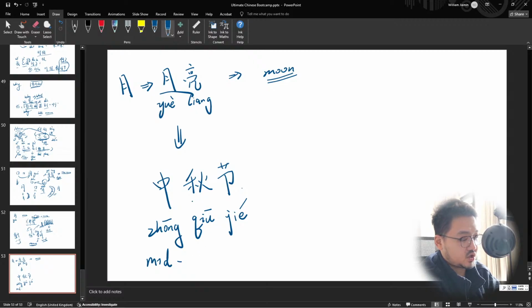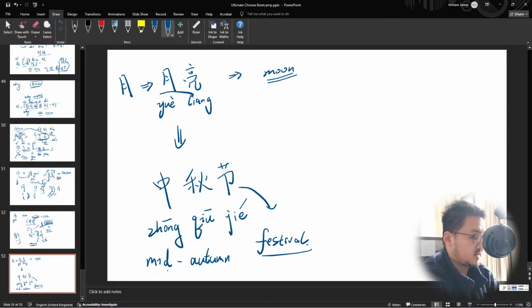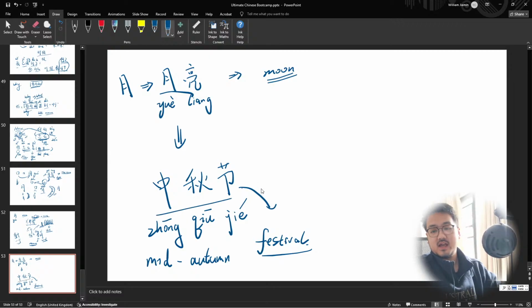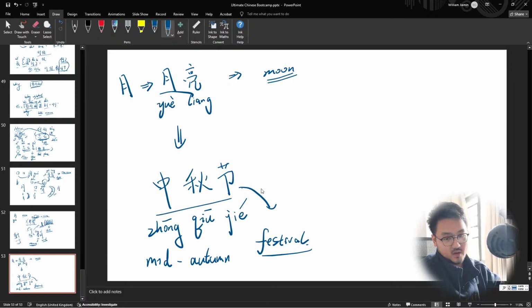Okay? 秋 means the autumn, so it's the mid-autumn. 节 like 节假日, right? So 节 means the festival. So 中秋节 means the Mid-Autumn Festival, and it's basically just a moon festival, okay?